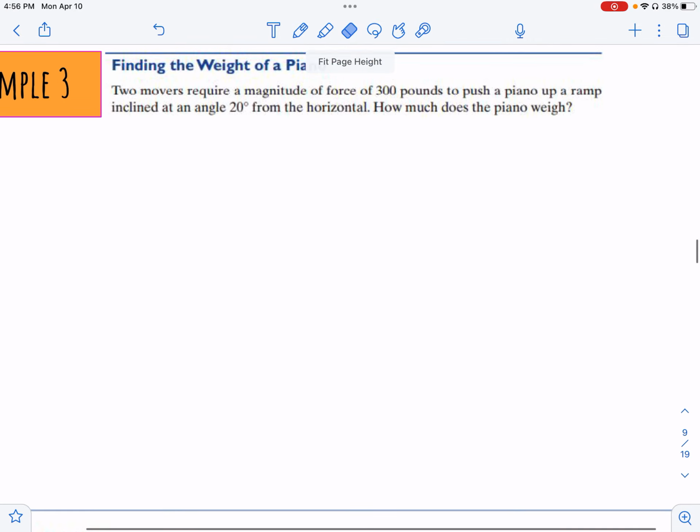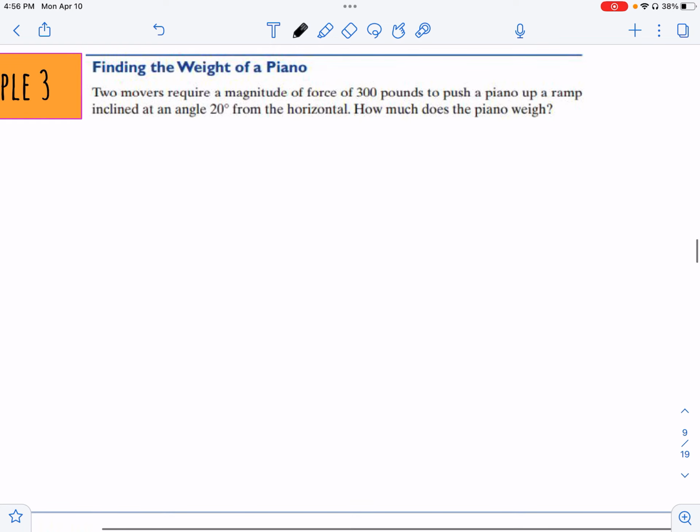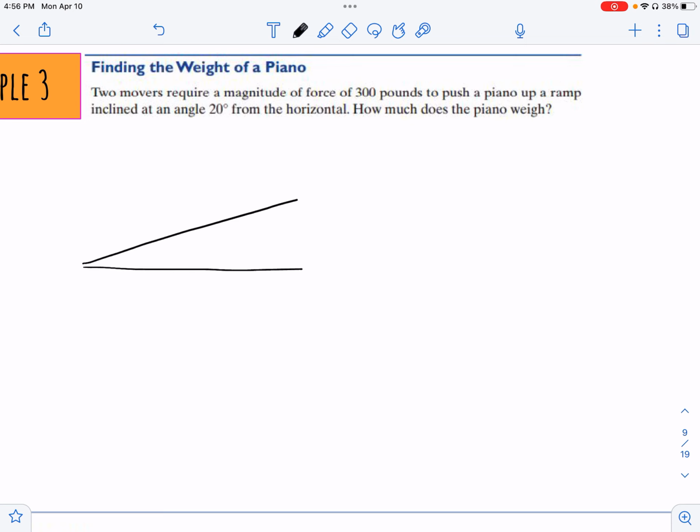Two movers require a magnitude of force of 300 pounds to push a piano up a ramp inclined at an angle of 20 degrees. Ramp, 20 degrees. So here's the piano. Okay.